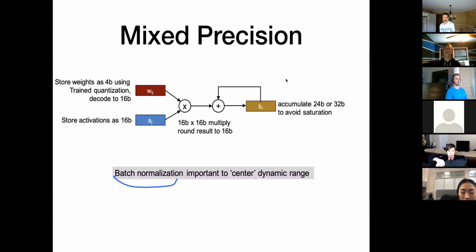If you normalize this across your batch, then everything is centered. When you do this addition, you don't miss anything crazy. To give you an idea, we talk about this here.